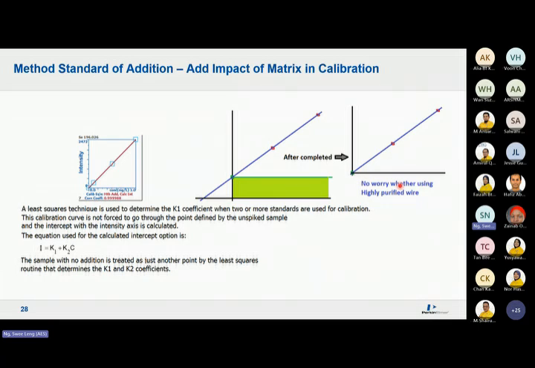So this is the highest quality. That means your calibration curve has the same type of matrix as your sample, so the quality of the result will be very good. Sometimes I use the method of standard addition plus the internal standard. So it's double quality.